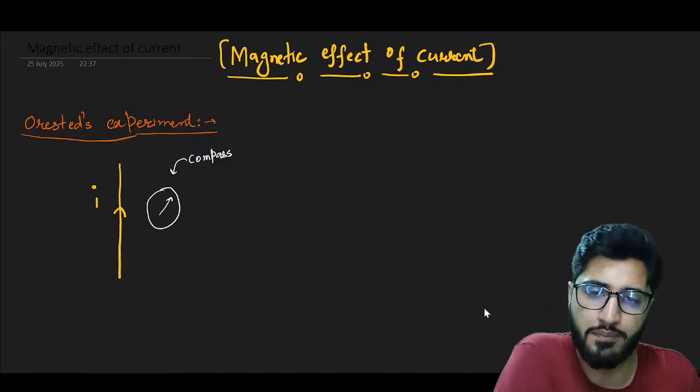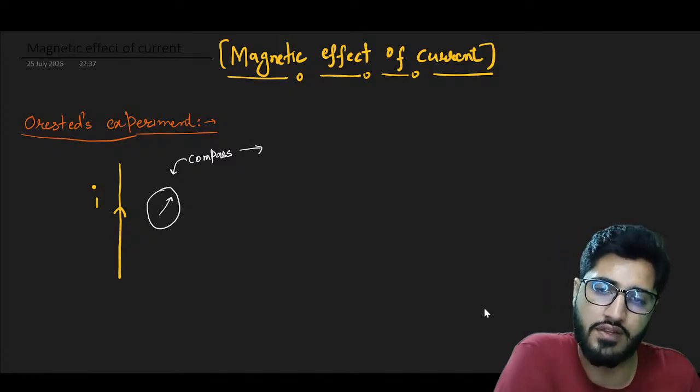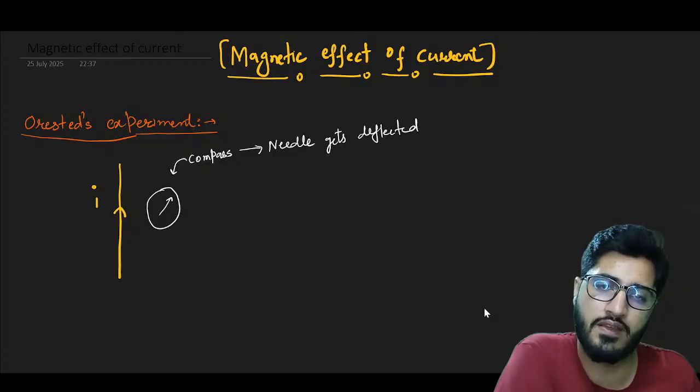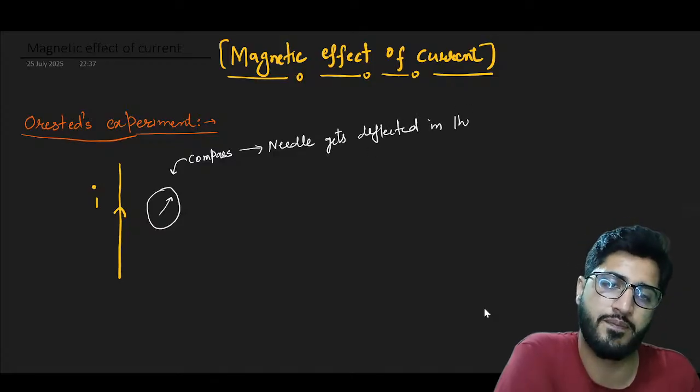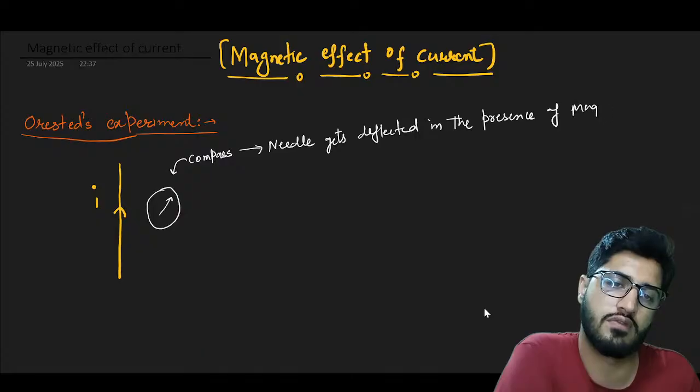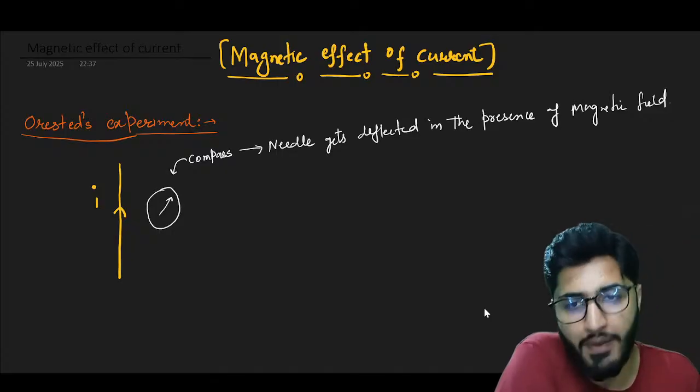This is the needle of the compass, and the working of the compass is that the needle gets deflected in the presence of a magnetic field.